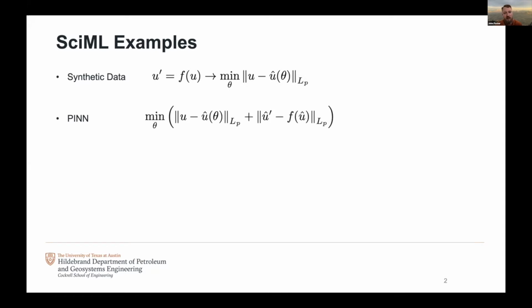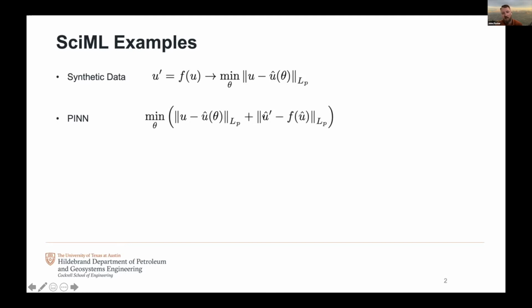Normally in a machine learning model, we have some data, and we have some estimator, u hat, parameterized by theta, and our goal is to find the theta that minimizes some norm quantity between the data and the estimated prediction. In a physics informed neural network, we add to this standard L2 objective function this idea of minimizing the residual of the balance laws themselves, right?